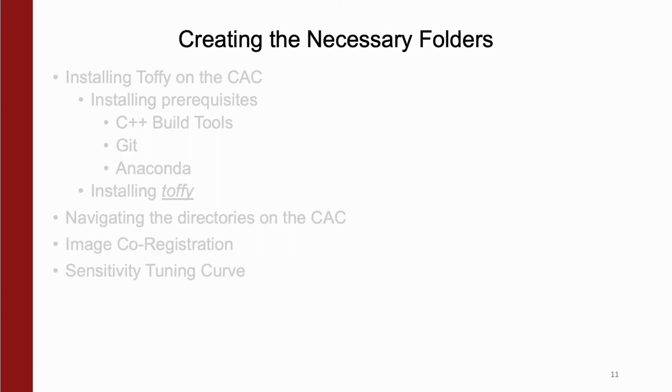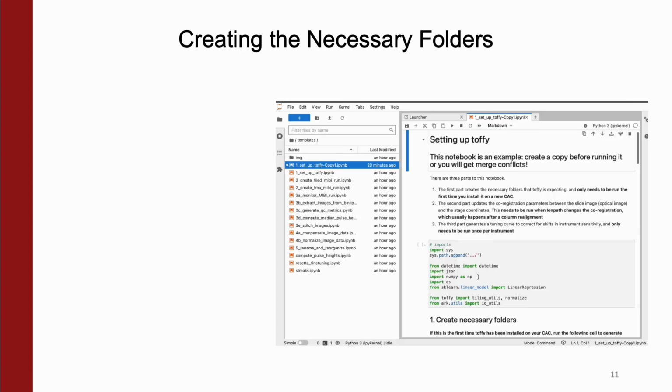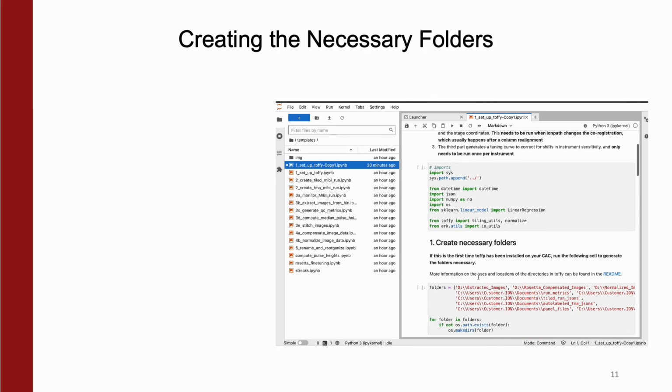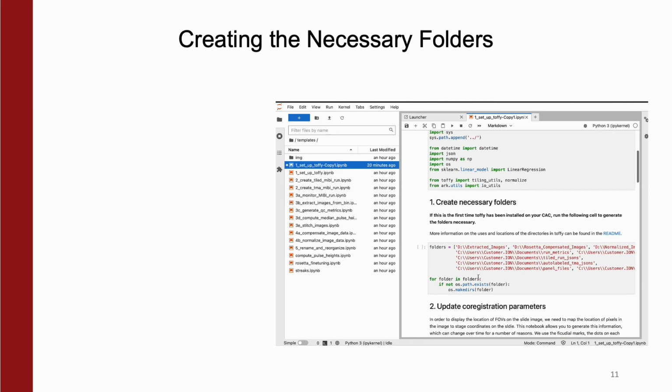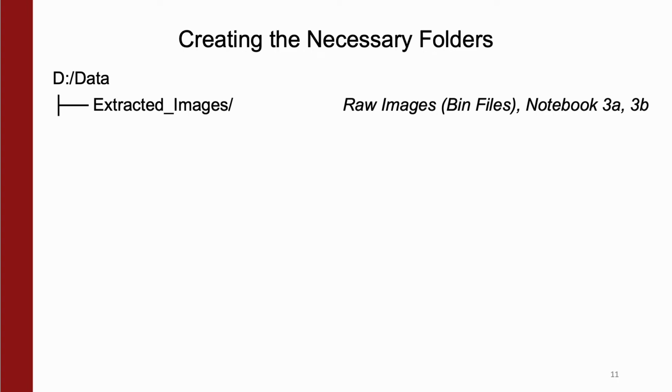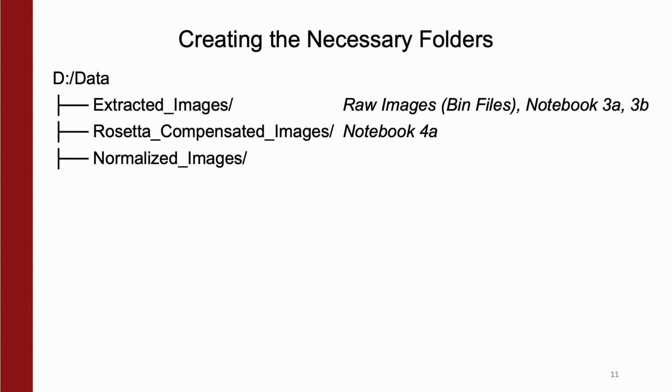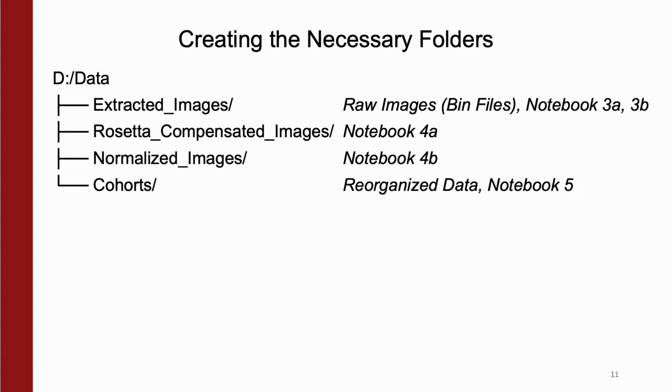Now with Notebook 1 opened, we can go ahead and create directories on the CAC. Go down to Section 1, Create Necessary Folders. This will create all of the folders in the C and the D drive that we need. In the D drive, it creates extracted images, and then creates Rosetta compensated images, then normalized images, and then finally your cohorts.